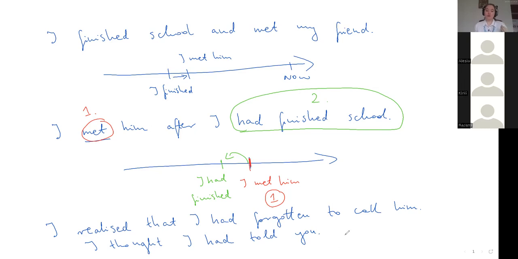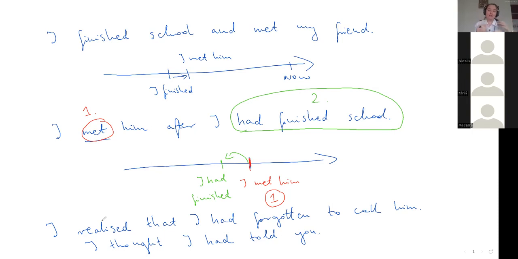Because in all those situations, when we say that I realized something, so for example, a minute ago, I realized that I had forgotten to call him, but I must have forgotten before I realized that, because otherwise there would be nothing to realize. That's quite simple and logical. I hope you agree with that, right?